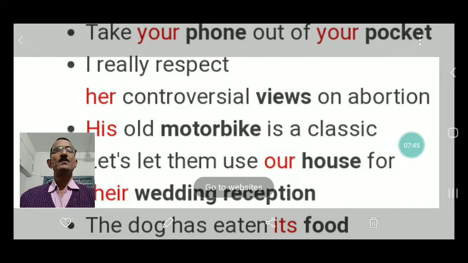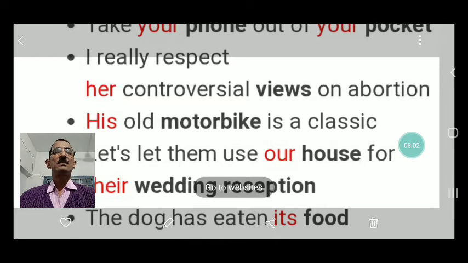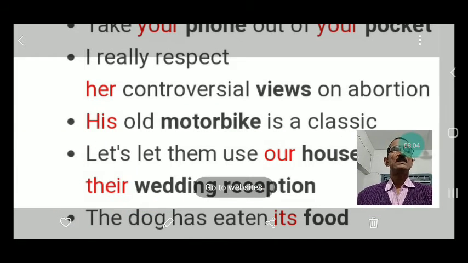I really respect her controversial views on abortion. Here, her controversial views. Whose? It is for she. His old motorbike is a classic. So here you understand these things.